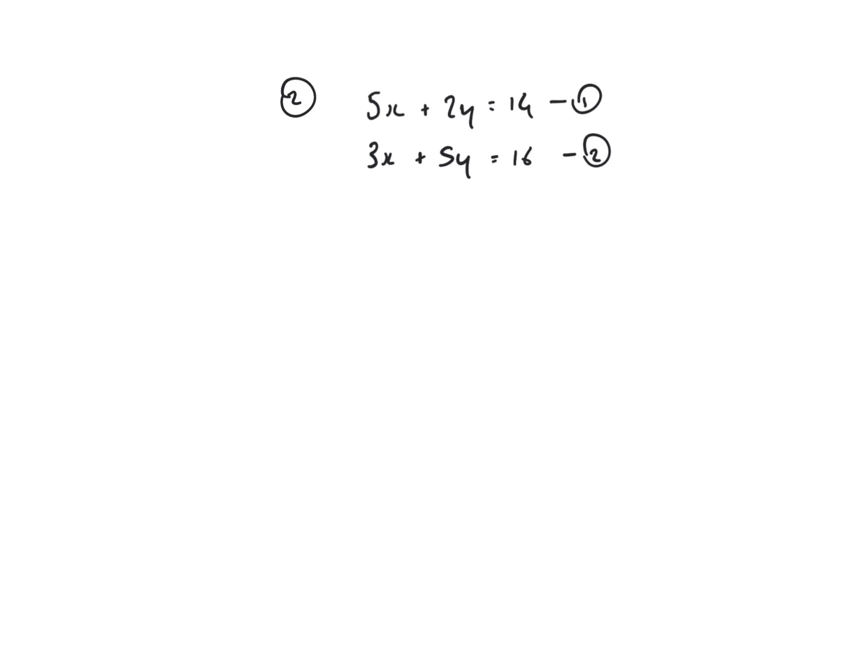Okay, so I could get rid of x's or y's. If I was going to get rid of x's, I'd want to scale these up to 15, or if it was y's, I'd want to scale them up to 10. So it doesn't really matter. I'm going to this time get rid of x's. So I'm going to get 5 and 3 up to 15. So 5 up to 15 multiplied by 3, 3 up to 15 multiplied by 5. That would be the lowest common multiple.